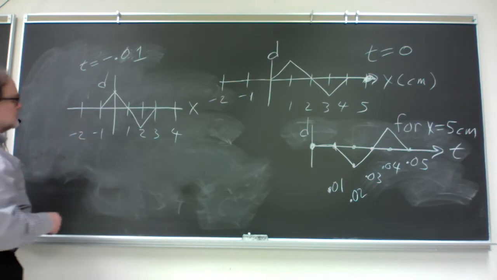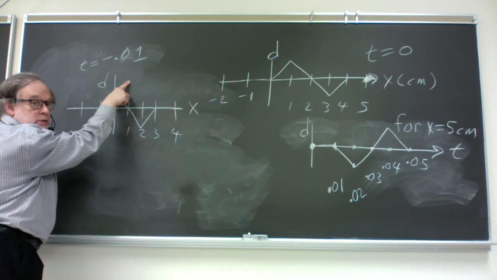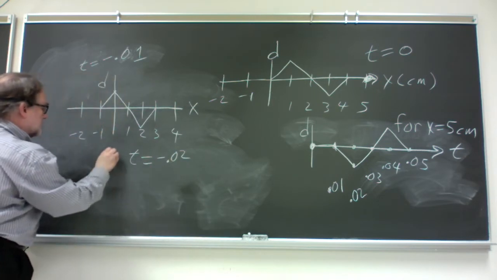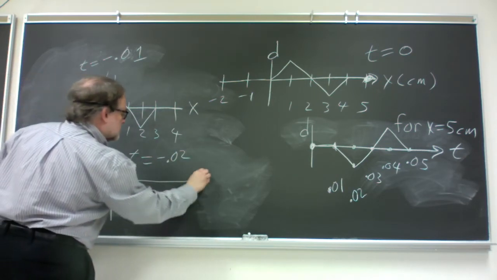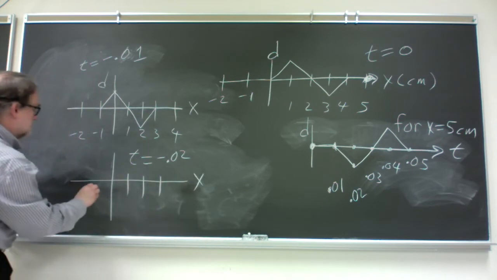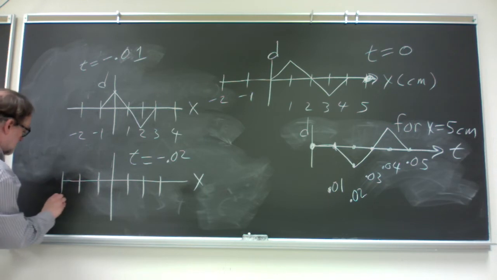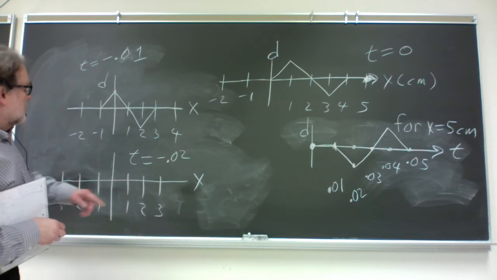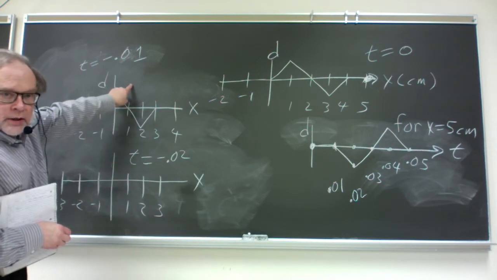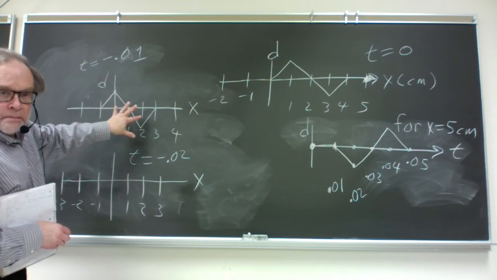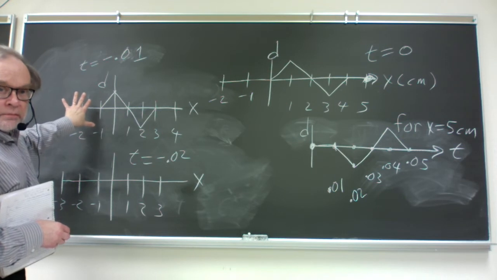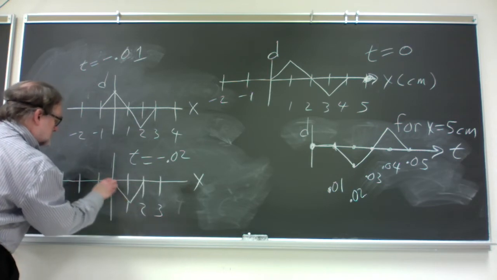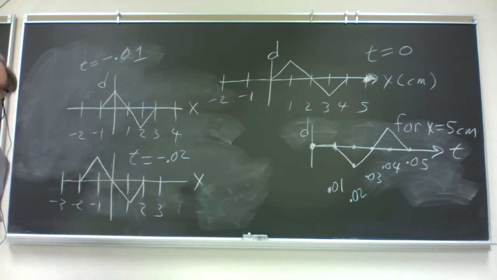For example, just 1/100th of a second before this, in other words, at the time of minus 0.02 seconds, the displacement versus location graph would look something like this. 1/100th of a second earlier than this, every piece of the pulse would have been 1 centimeter in the backwards direction. So it would look like that.